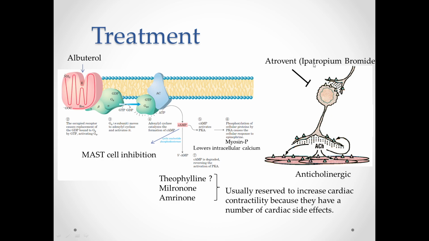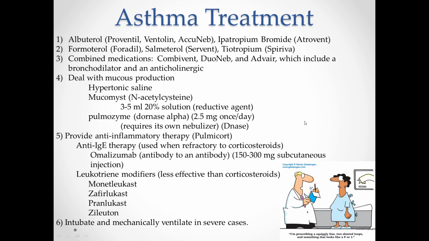And then again, Atrovent, ipratropium bromide, is an anticholinergic. It reduces cholinergic signaling, decreases mucus production, and helps promote sympathetic tone to maintain bronchodilation. So we just went over albuterol and Atrovent.